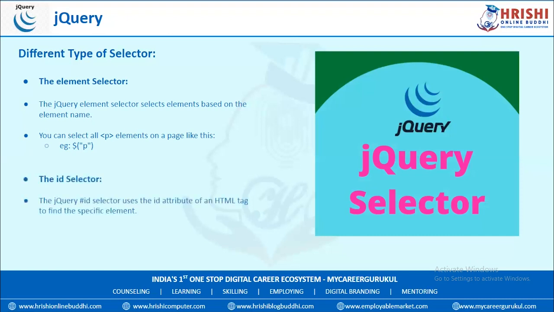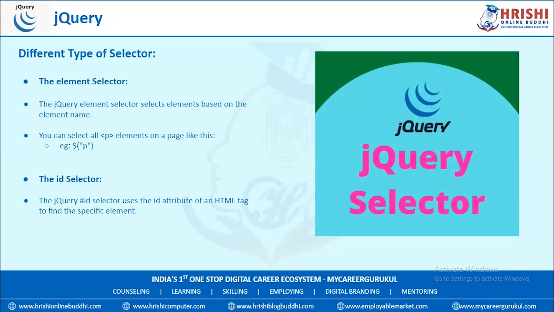Next is the jQuery ID selector. The jQuery ID selector uses the ID attribute of an HTML tag to find the specific element. We have studied in CSS how we can give an ID. The ID attribute is called with the help of a hash.